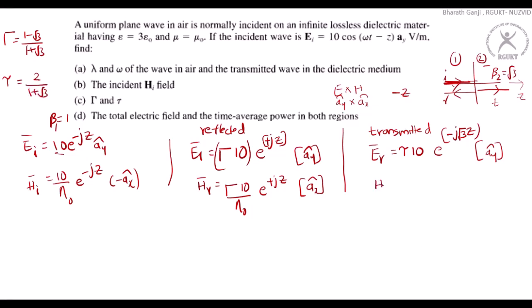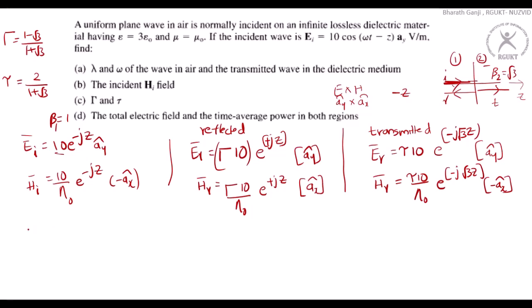Now if you ask me what is the magnetic field expression, it is tau times 10 divided by eta naught into e power minus j root 3 z, and because it's a wave traveling in the positive z direction, you get minus ax cap. Right? So you have all kinds of fields.